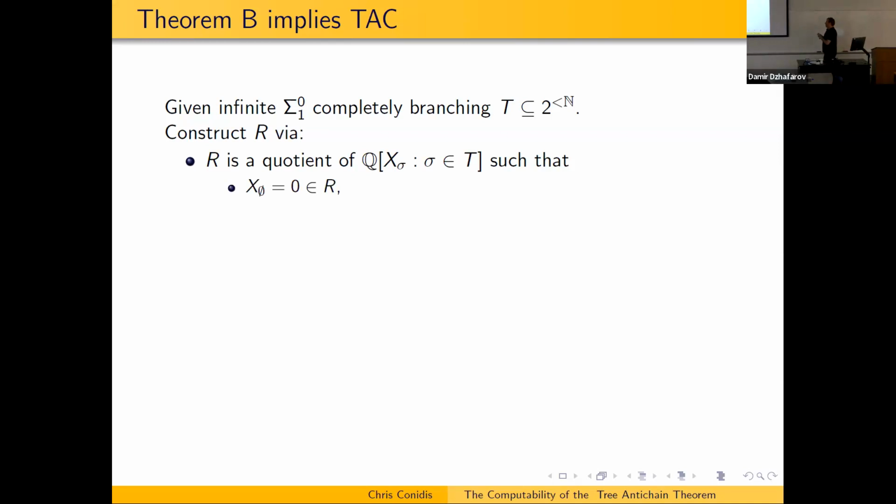So the way that this construction goes is we have the tree to start with. We are building the ring in this case. So we have the tree, and we start with the root. We have a tree like this. Okay.